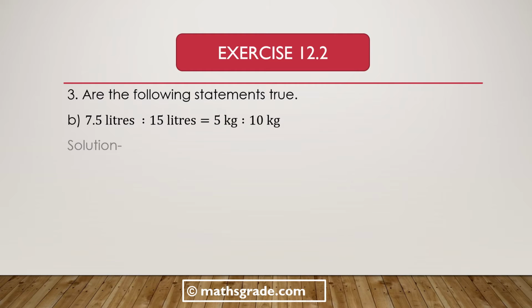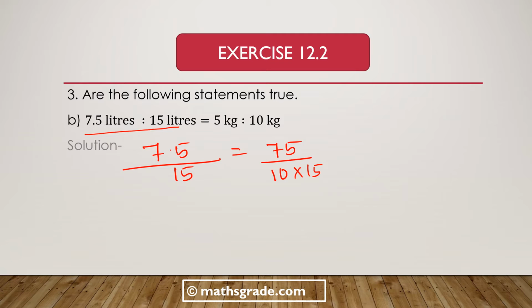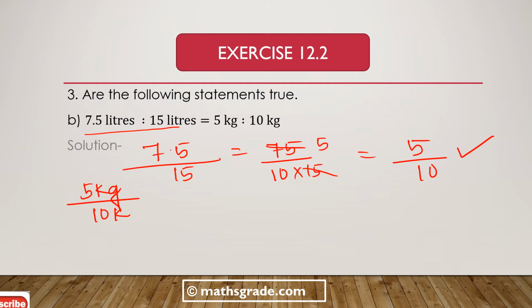Now second part B, 7.5 liters is to 15 liters, that is 7.5 divided by 15 liters. 75 divided by 10 it is 15. Now 5 kg divided by 10 kg is 5 divided by 10.